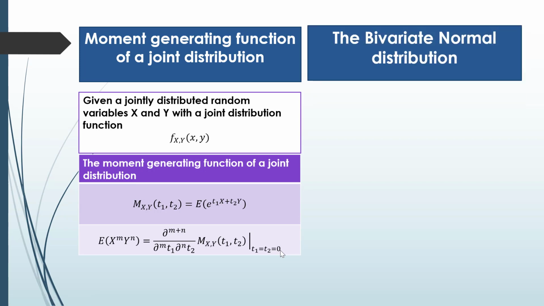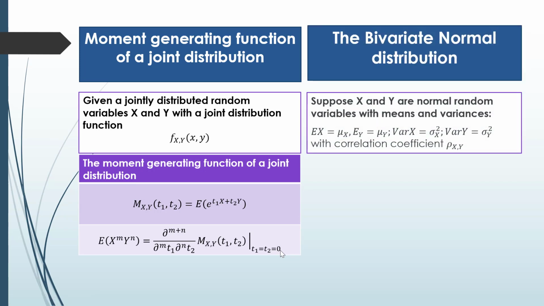The bivariate normal distribution. Suppose x and y are normal random variables with means and variances: E x equal to mu x, E y equal to mu y. The variance of x is sigma x squared, the variance of y is sigma y squared, with correlation coefficient rho xy.